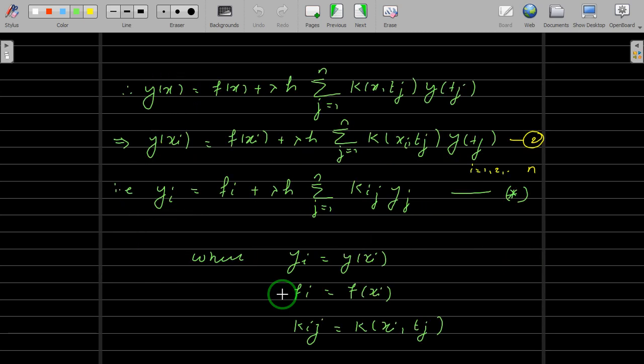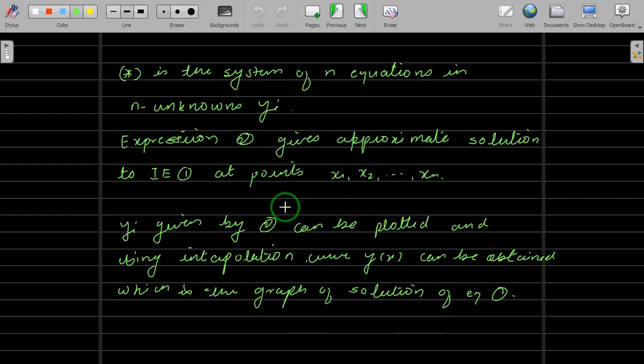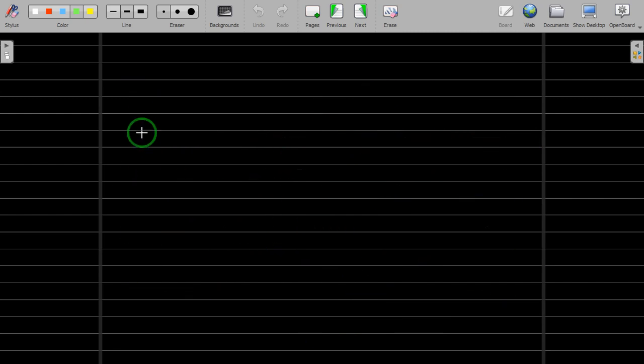So if you see this equation star, there are n equations in n unknowns, and we can find the coefficient matrix of those equations. So that matrix, and we can discuss the solution of that too.